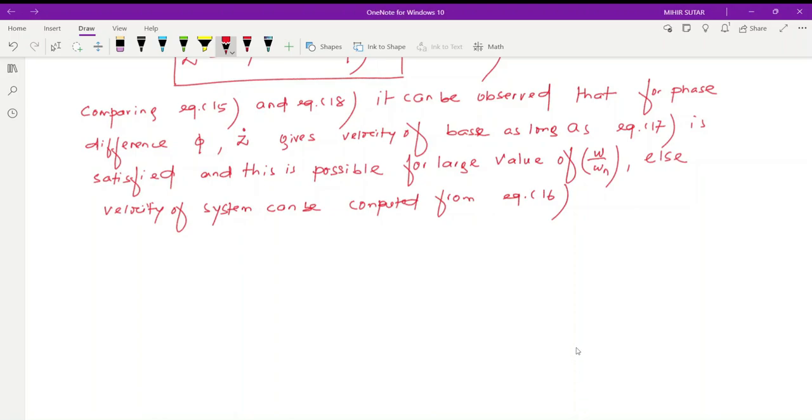So the students will continue with transducers now.